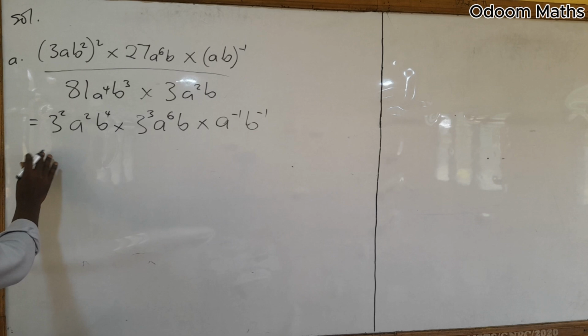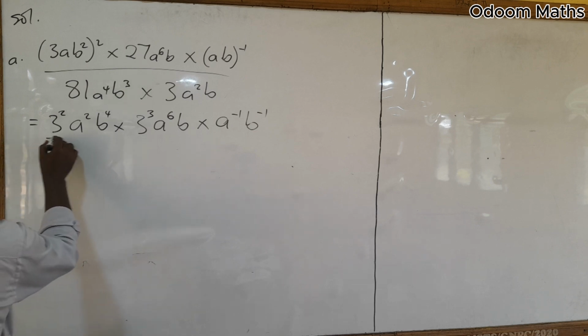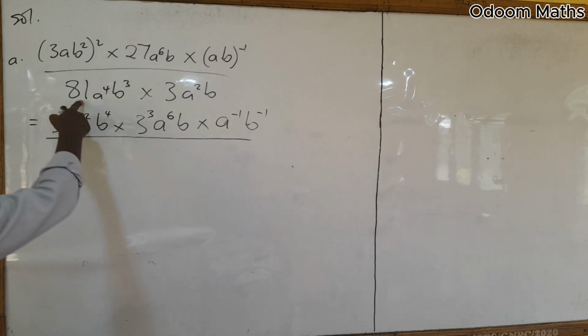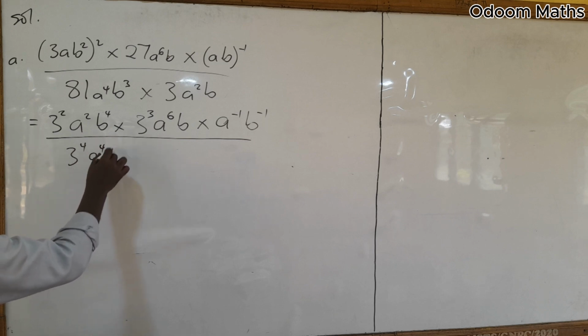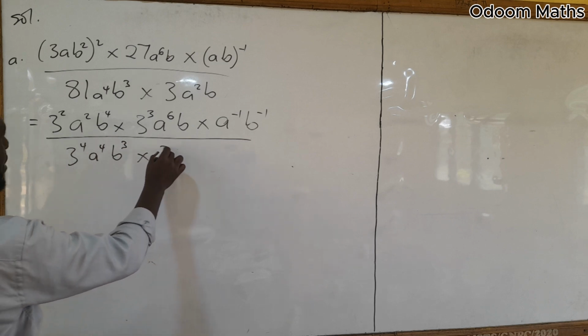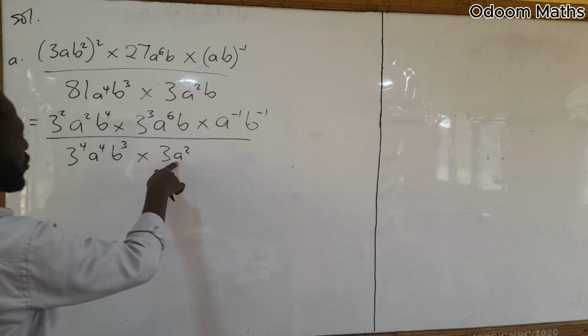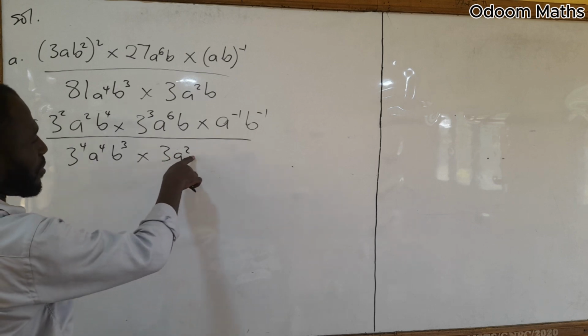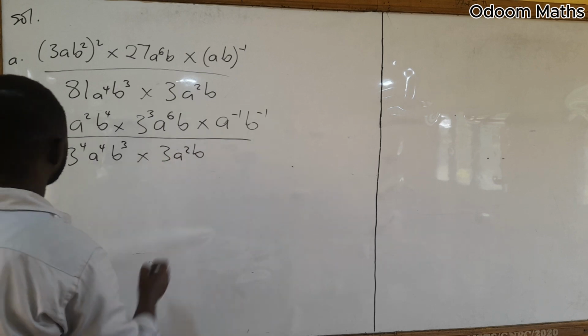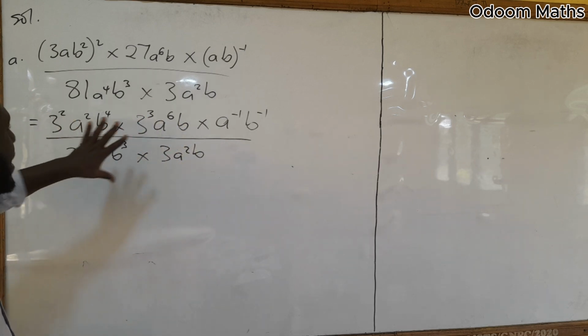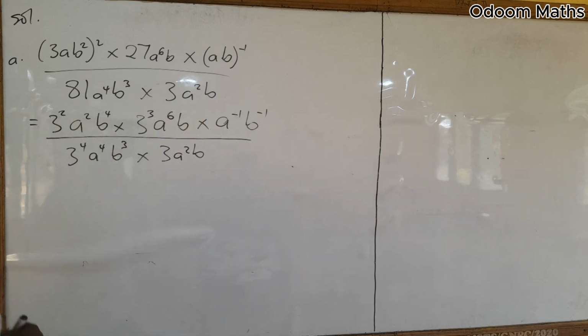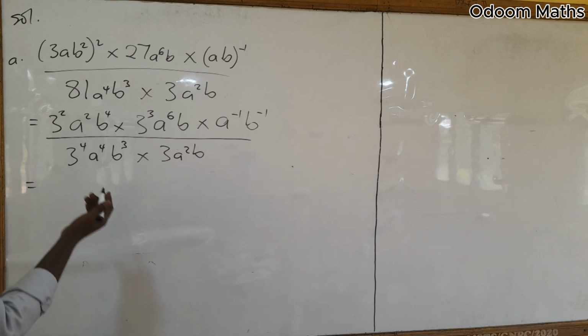Now, let's continue. Divided by, we can also put 81 as 3 to the power 4, then a to the power 4, b to the power 3, times 3 to the power 1, a squared, b. So let me put the 3's on one side, the a's on one side, and then the b's on one side. That is going to help me get the answer so easily.